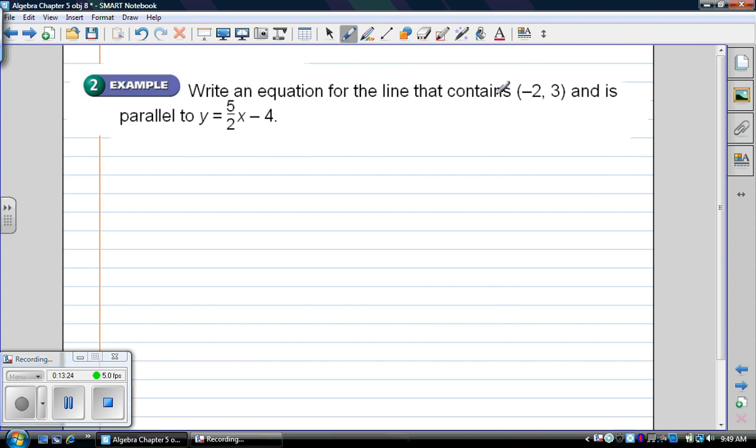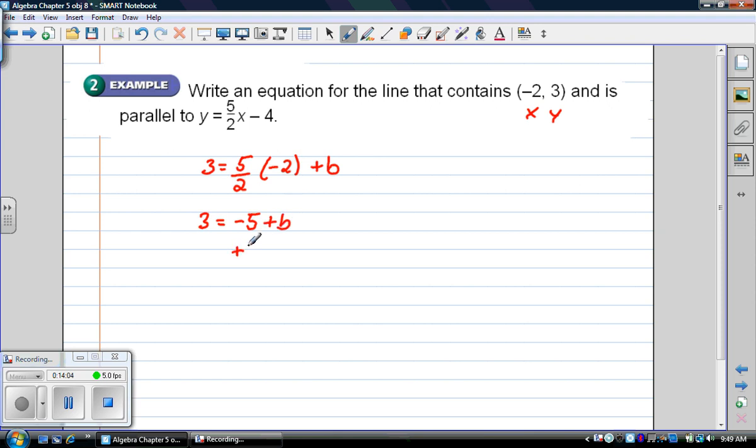We want to write an equation that contains this point and is parallel. So simply replace x with negative 2 and replace y with 3. I'm going to rewrite this as 3 is equal to 5/2 times my x value of negative 2 plus b, because we're looking for the new y-intercept. 5 times negative 2 is negative 10, divided by 2 is negative 5, so we're left with 3 equal to negative 5 plus b.